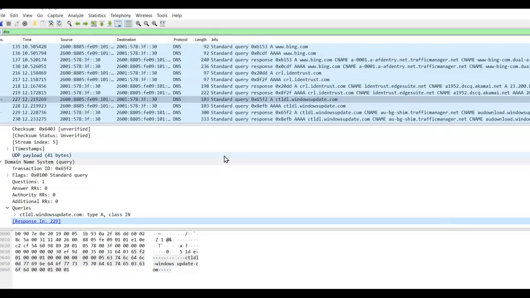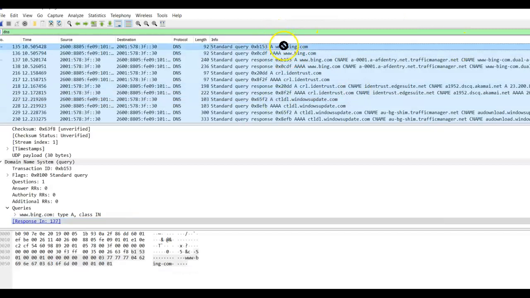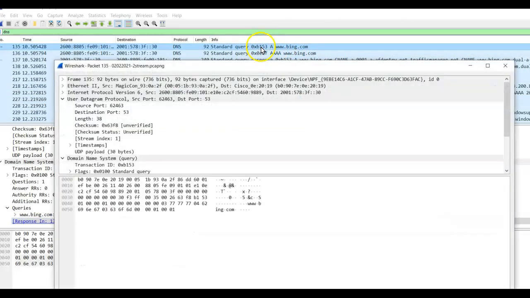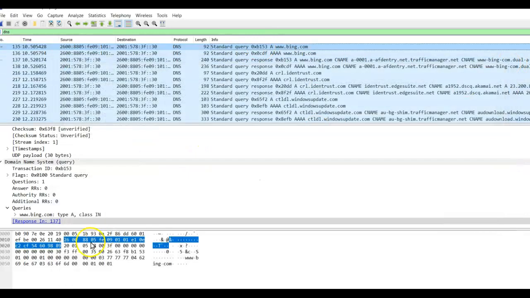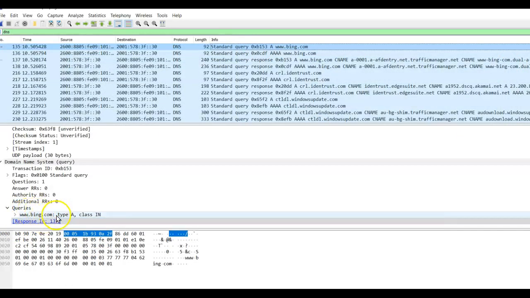So you can see it right there in pretty normal English. I want to know where ctld1.windowsupdate.com is. That's all I'm asking. You can even see it up here. An easier one might be Bing. It's not quite as long, so maybe it'll look better if we did www.bing.com.